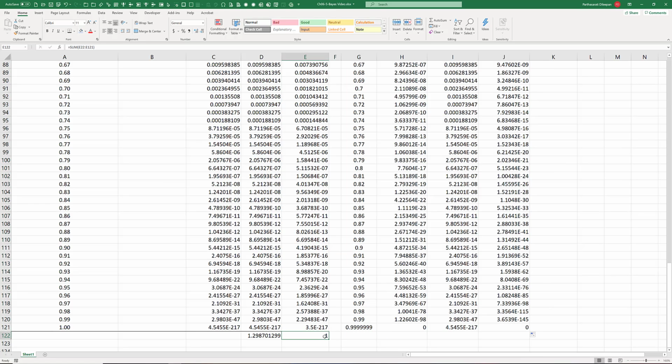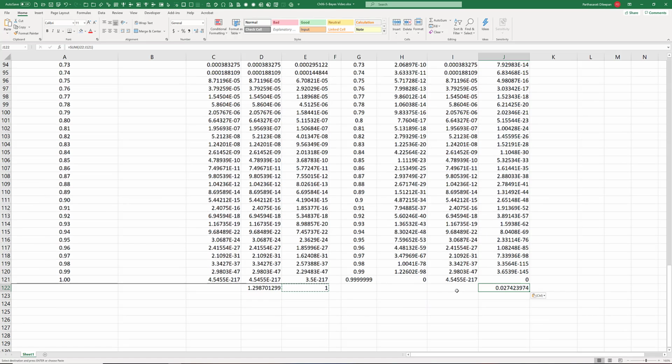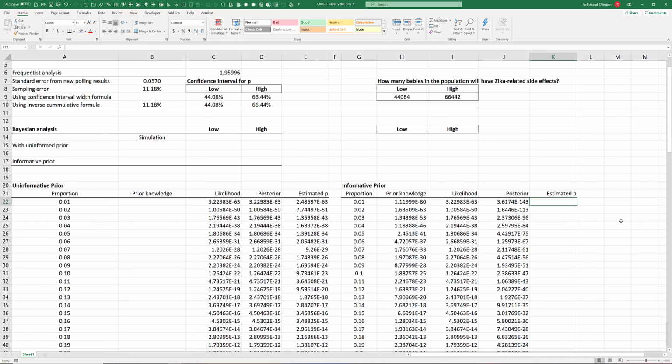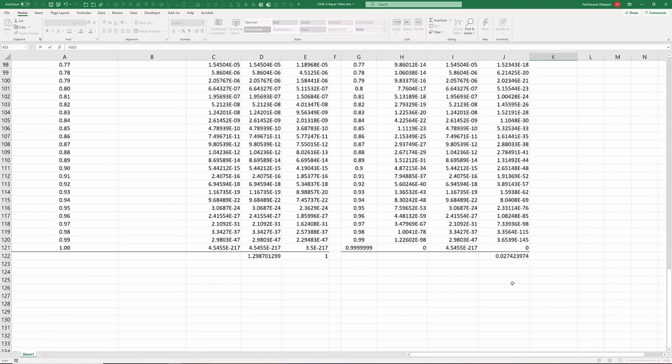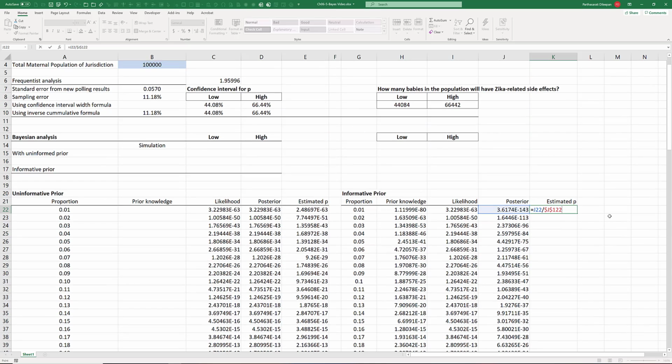Okay, now we need to normalize, and for that we need the sum of this. All right, and then normalize by taking each probability and dividing by the sum, and that should be absolute referenced.